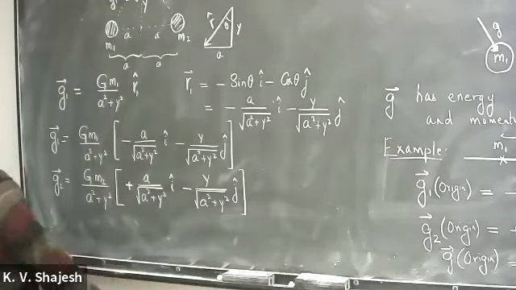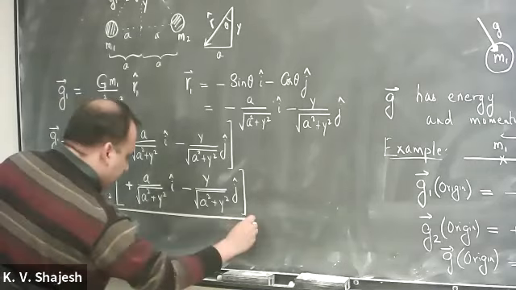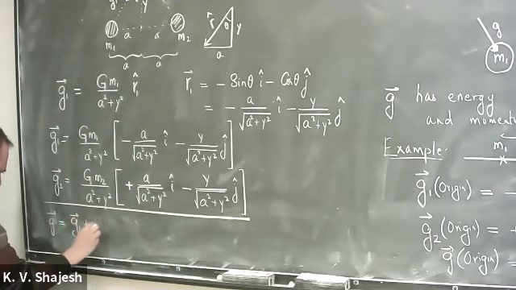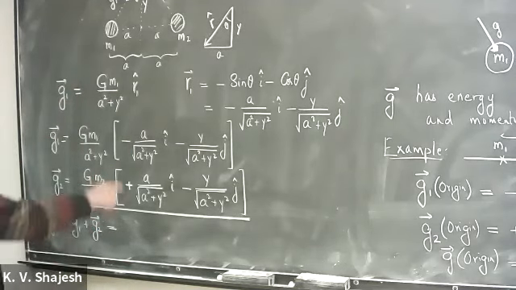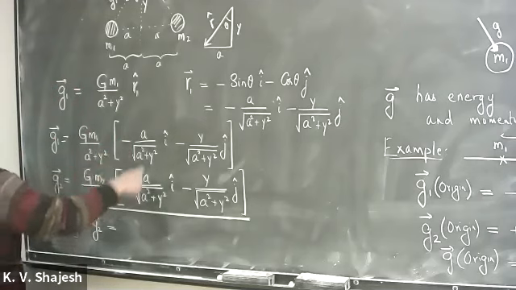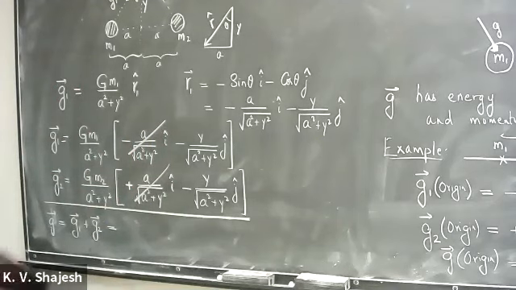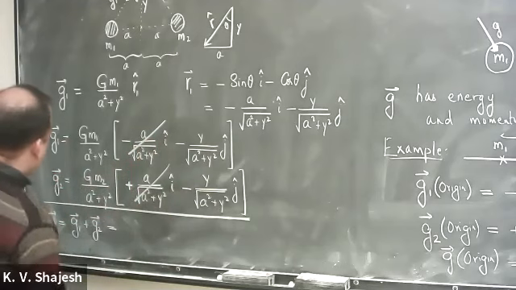This can be visualized in a single step, and that's what we are going to see in a moment. If I take the total gravitational field at the observation point, G1 plus G2, notice that if I add these two quantities, these are exactly identical pieces. The i hat pieces cancel out, and it's only the j hat piece that contributes, in the negative direction, and there are two of them.